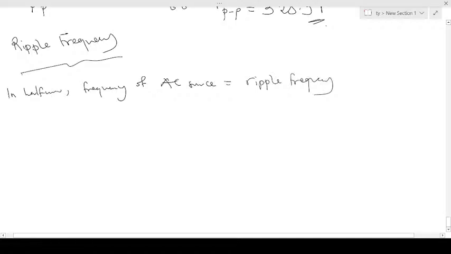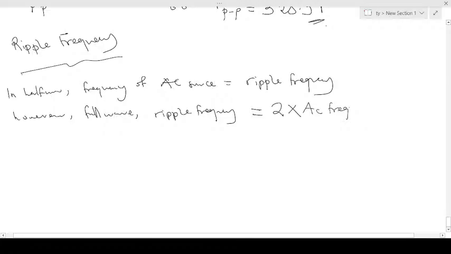However, in the full wave, our ripple frequency is twice that of our AC supply frequency, which means 2 times 50 Hz, which is equal to 100 Hz.